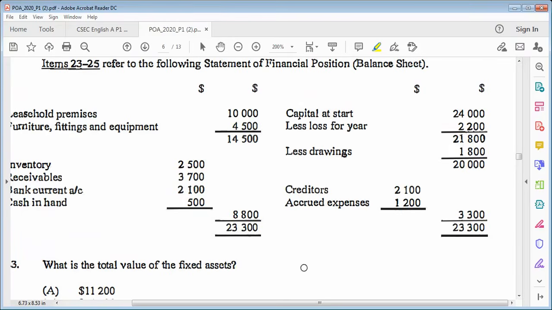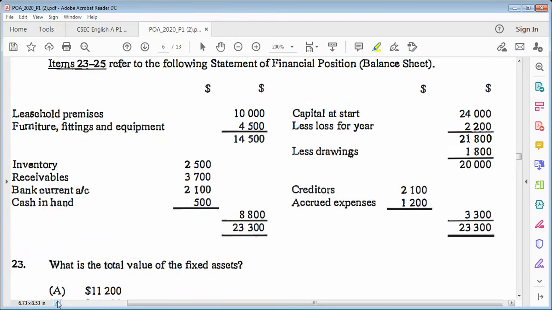Let's go on to number 23. Here we have a financial balance sheet. Items 23 to 25 refer to the following statement of financial position or balance sheet. Leasehold premises, $10,000, furniture, fittings and equipment, $4,500.